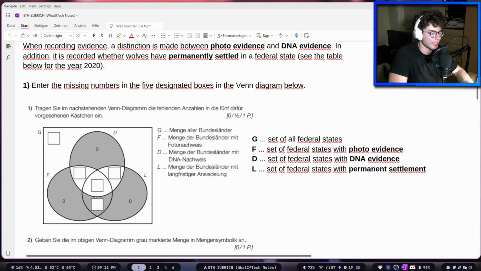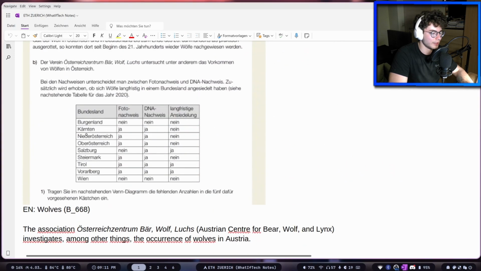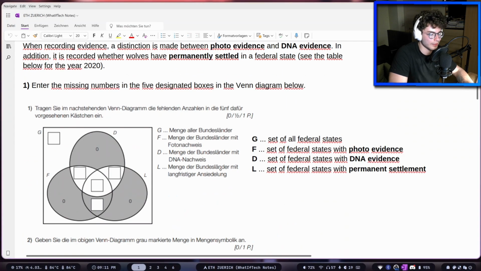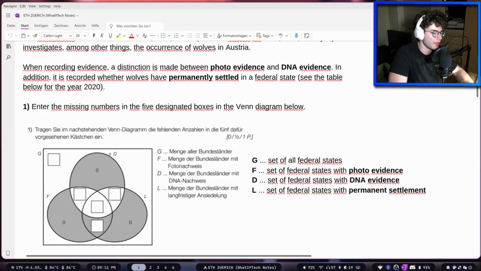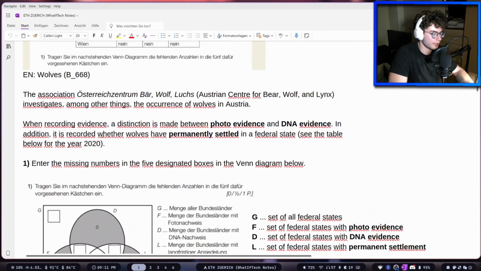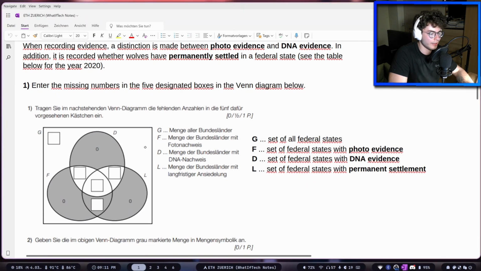The sum of these numbers has to be the amount of rows in the table. It can't be more or less because everything has to be in a set. So we just covered 4 are intersecting. They have DNA evidence and photo evidence. So here a 4. I have the solution under this, so I will scroll down later on so you can solve them by yourself in here.